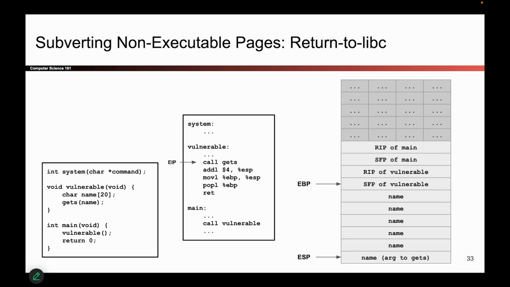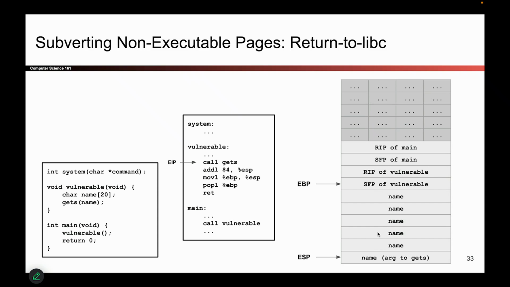So here's an example of Return-to-libc in action. We have the system command sitting in the C standard library, and we have a vulnerable function that calls gets. Now let's assume that non-executable pages are on. So your standard buffer overflow attack will not work. You can't just overwrite RIP with shellcode and then write shellcode here.